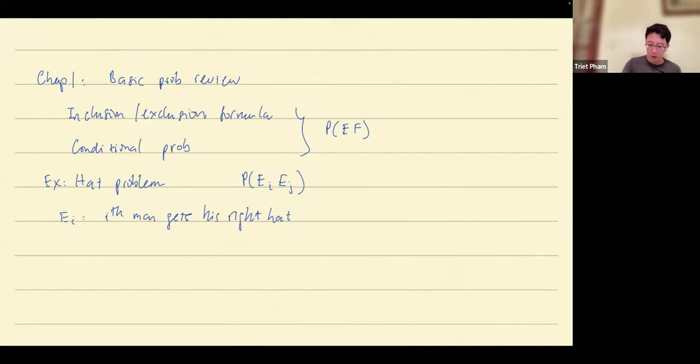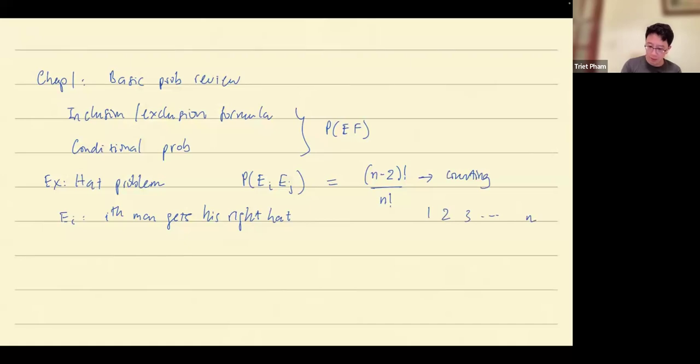We got the answer (n minus 2) factorial over n factorial, and this is done by counting.